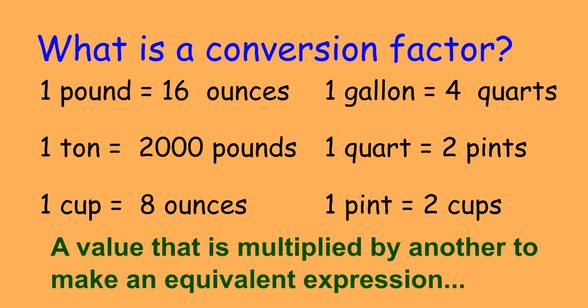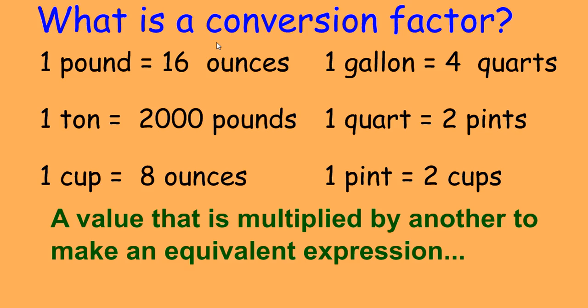Let's look and see what a conversion factor is. So, what is a conversion factor? You've probably seen these numbers, like 1 pound equals 16 ounces, or 1 quart equals 2 pints, on a reference sheet that you refer to when solving problems that involve conversions. A conversion factor is a value that is multiplied by another to make an equivalent expression.